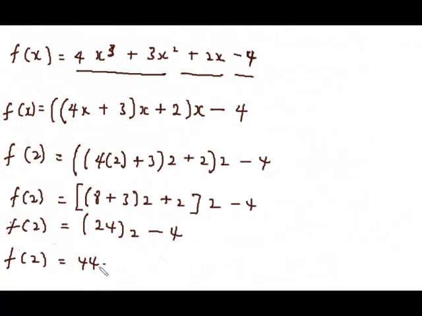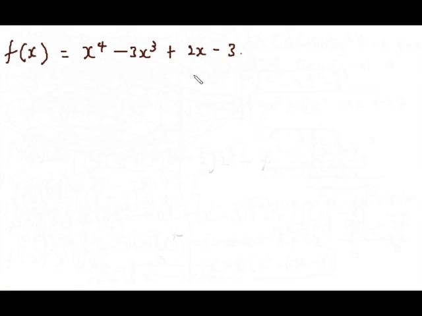Okay, so let's pick another example. I would like you to pause the video and try this example out yourself. In this case, if you notice, the first term had a degree of 4, second term degree of 3, but the third term has a degree of 1. That means we don't have a degree of 2 in this question.